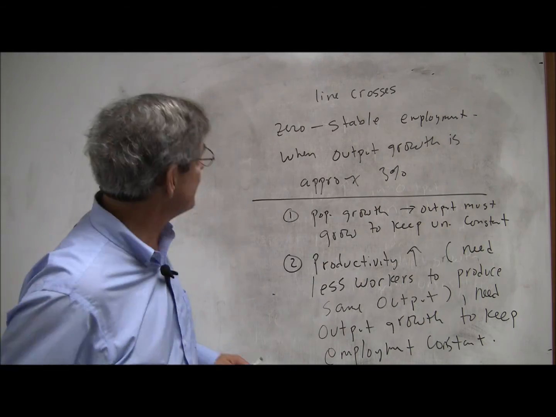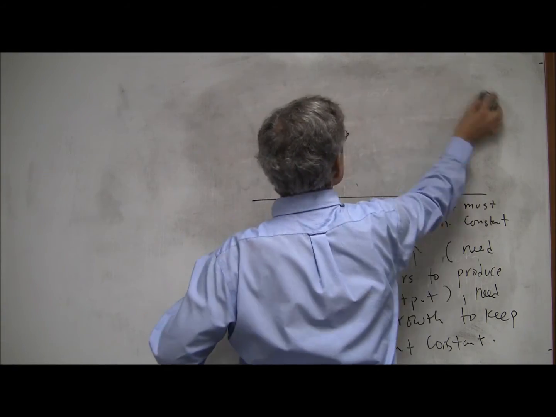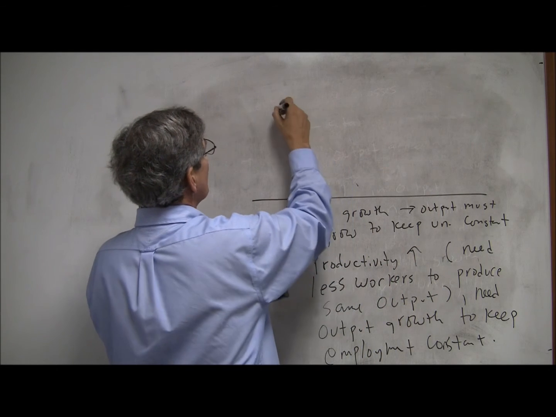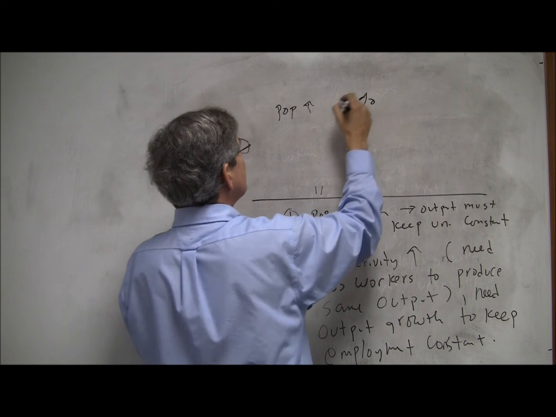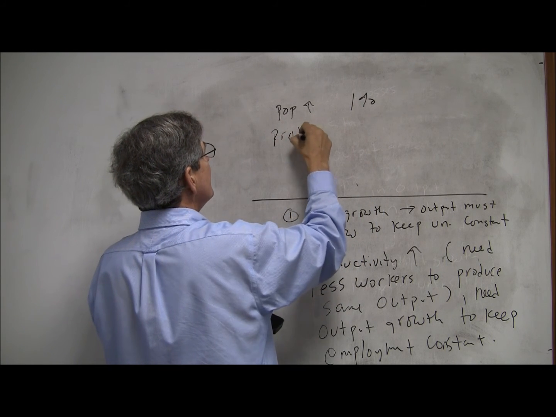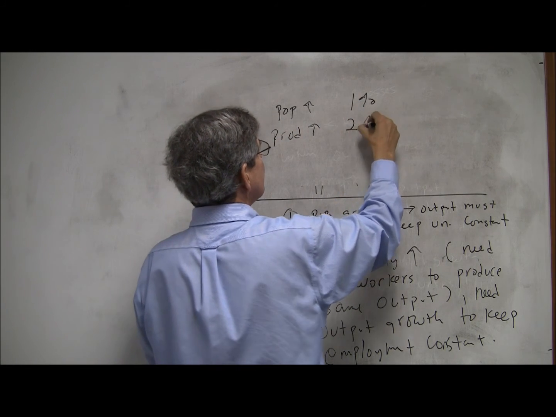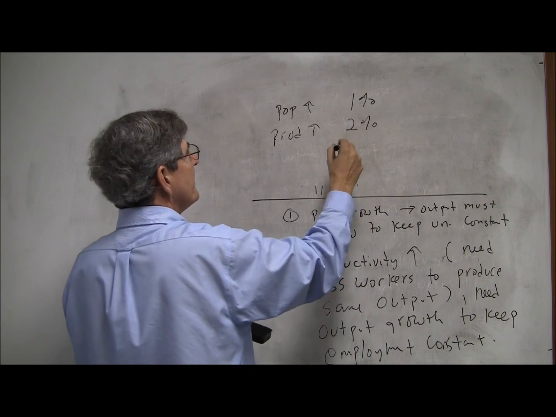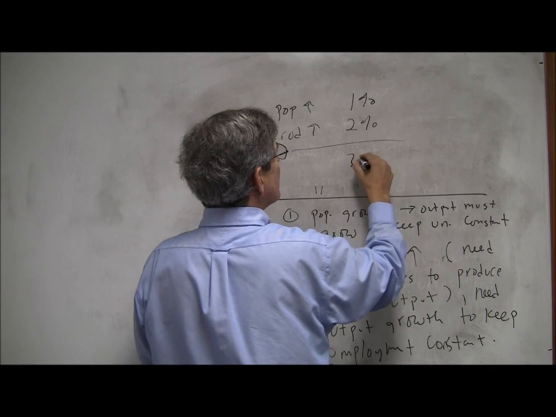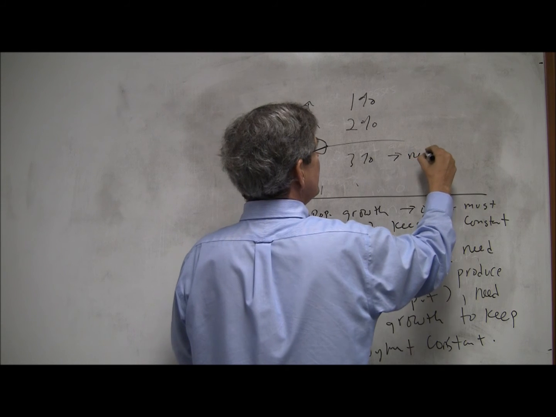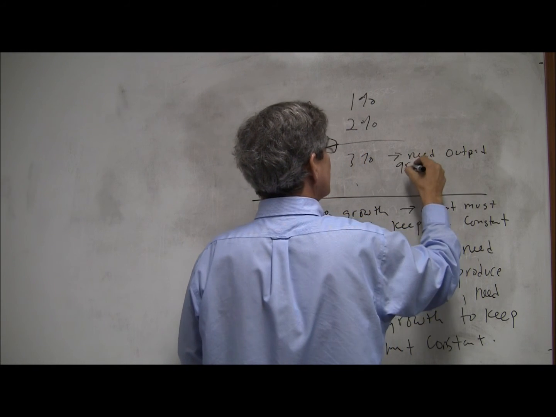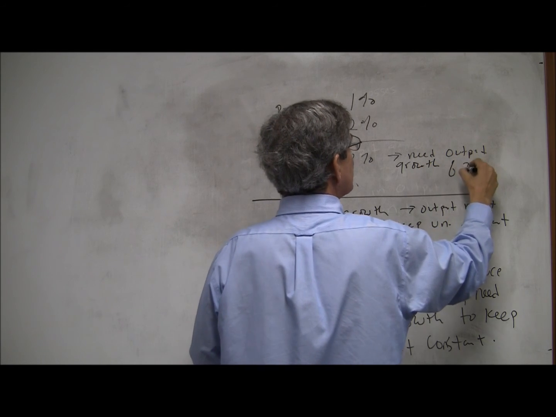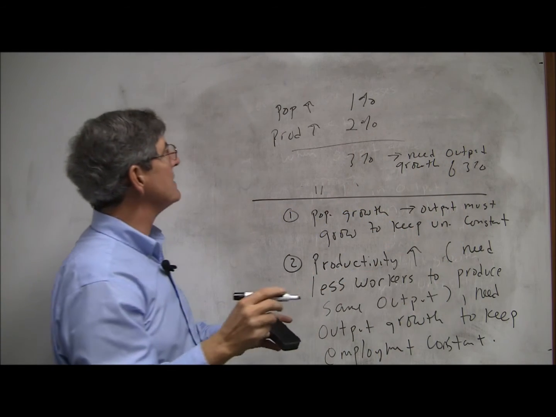Suppose population growth goes up by 1% each year and productivity goes up by 2%, which isn't too far off. Then you need output growth of 3% to keep employment constant.